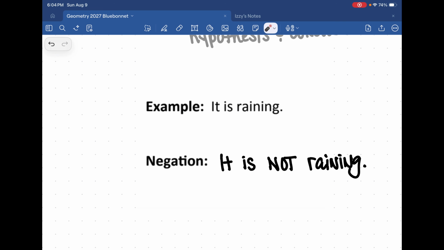That sounds funny, right? You wouldn't say, oh, no, it's not not raining. So what you're going to do is, if not is already there, you're going to take it out, and we come back to our original statement, and they would be negations of one another.